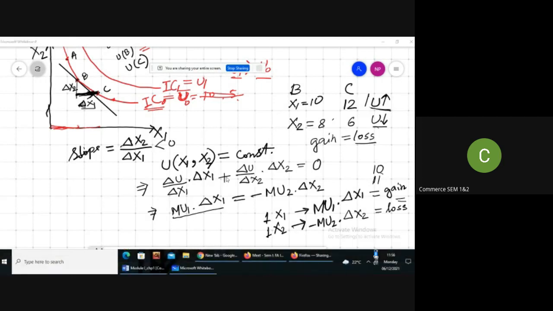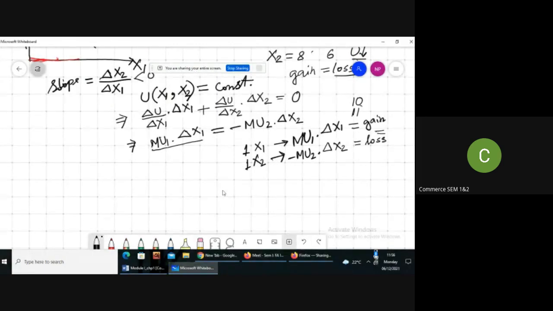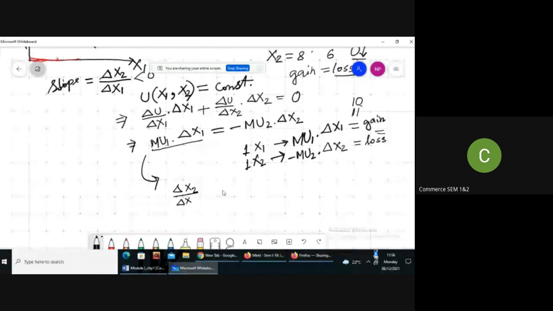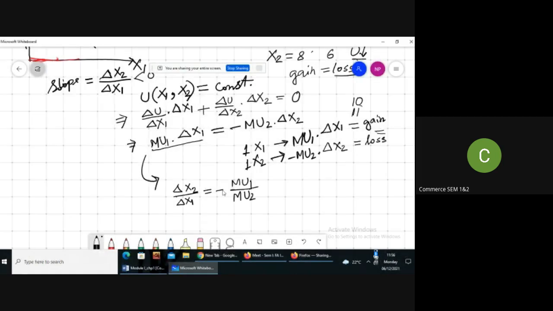So from this, we can write delta X2 divided by delta X1 equal to minus MU1 divided by MU2. Clear?